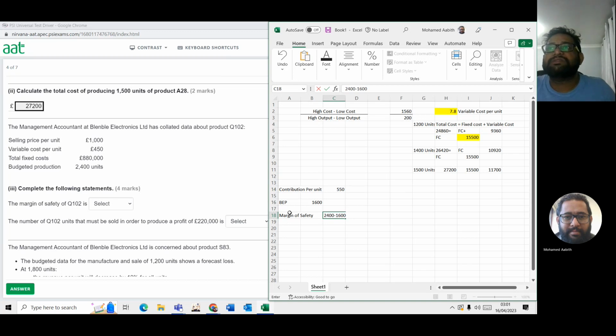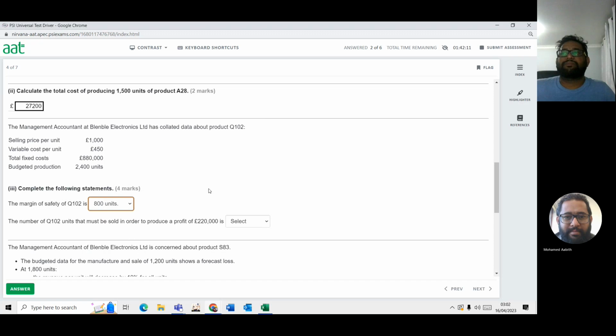Hold on, did they say how many units? Oh yeah, that is your margin of safety. That's all it is. They didn't ask you for a percentage. They just want the number of units. So this minus that will be your margin of safety units. So here, that is going to be 800 units.